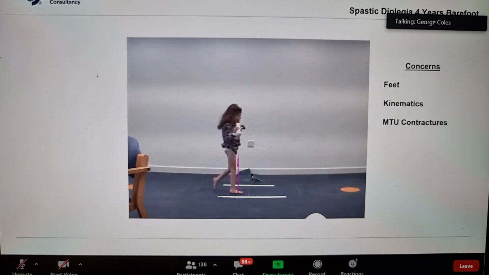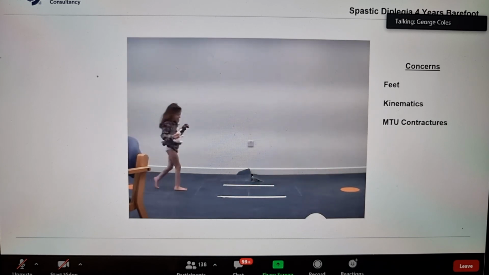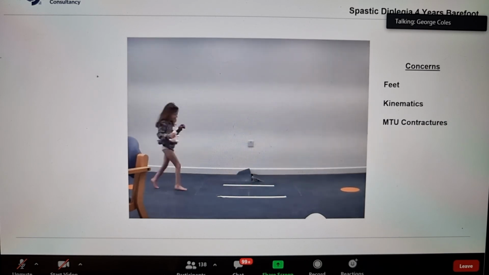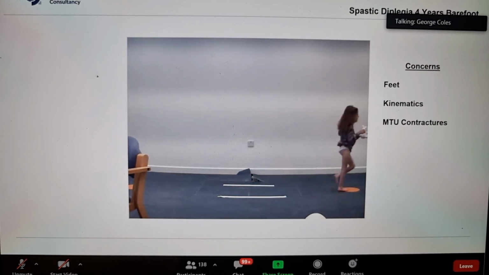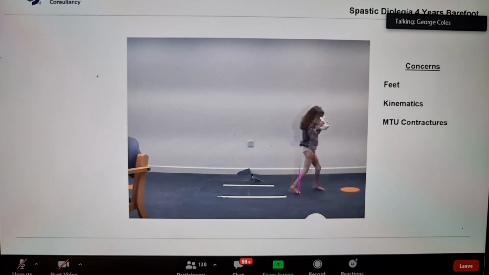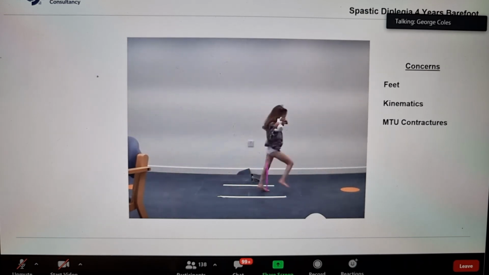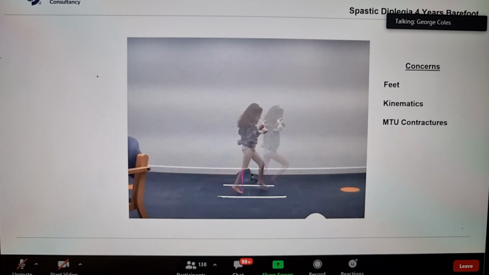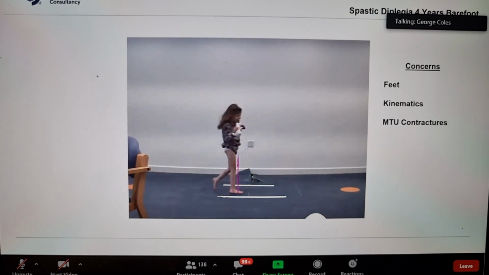And so when we see a patient like that, and I saw one this morning, we've got a few concerns for ourselves. In terms of long-term, not even counting, although they're just as important, things like walking and participation, but trying to control the feet, trying to improve the kinematics and trying to stop any contractures from forming, because as most of us have probably seen, untreated cases like these, or not very compliant cases, can lead to suddenly needing surgery.